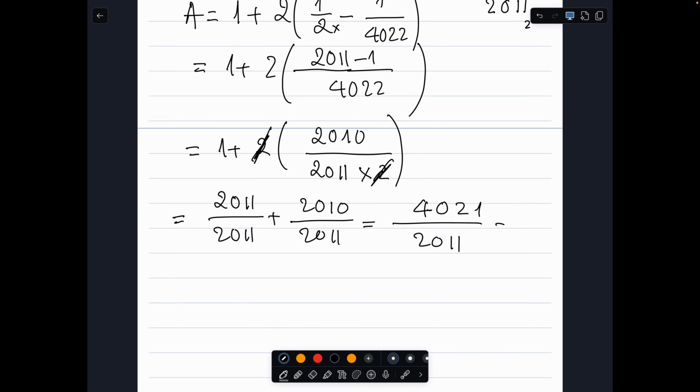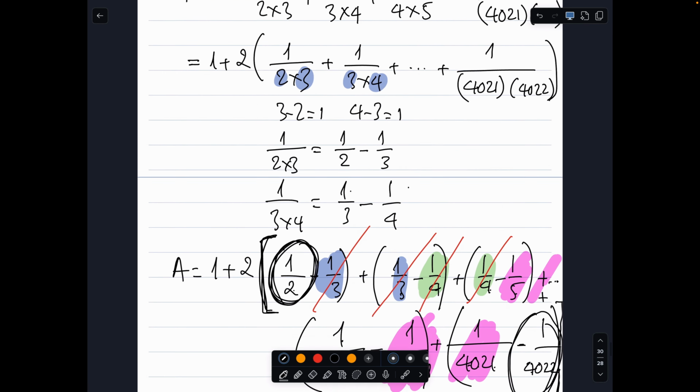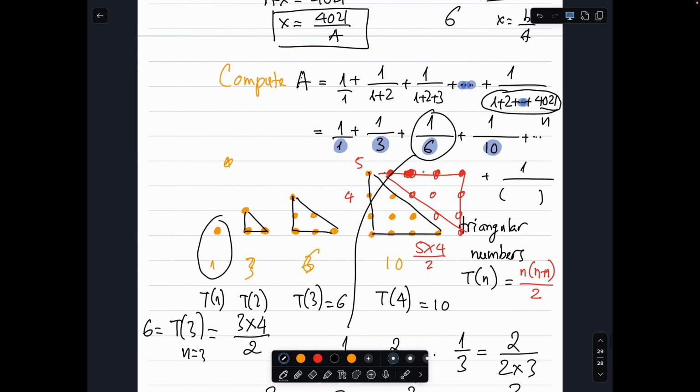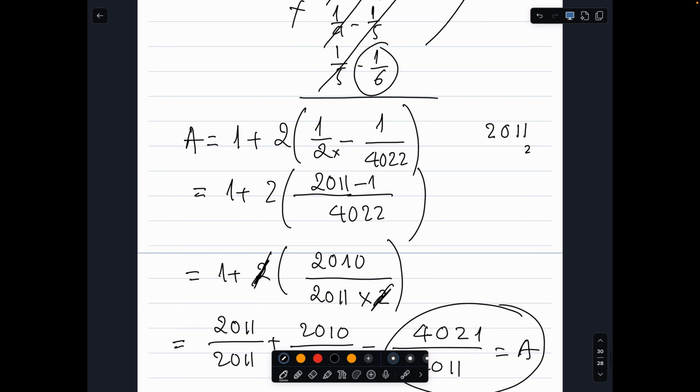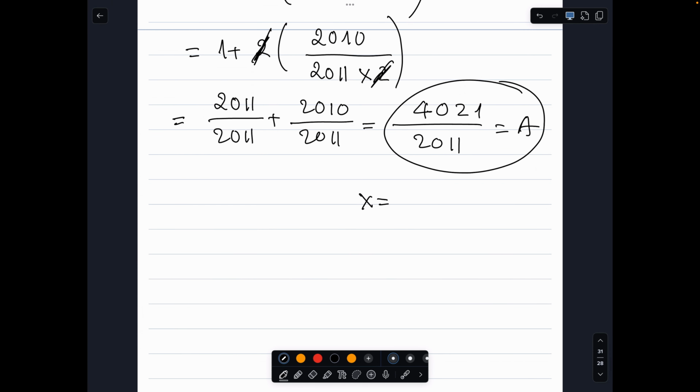4021, this is A. And then the solution, because they're asking for this, is here. S is 4021 divided by A. 4021 divided by A is multiplied by the inverse.